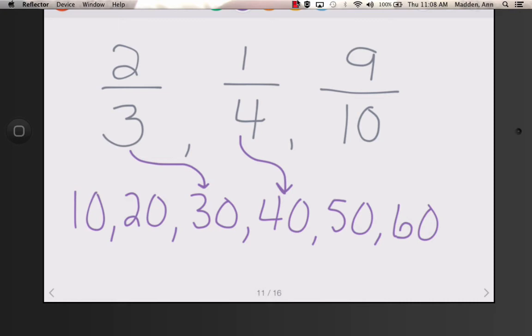When I count up by fours, I'll never hit 30. So that would not be a common denominator for all three. But when I count up by threes, I will hit 60. If I count up by fours, I will also eventually hit 60. So my common denominator would be 60.